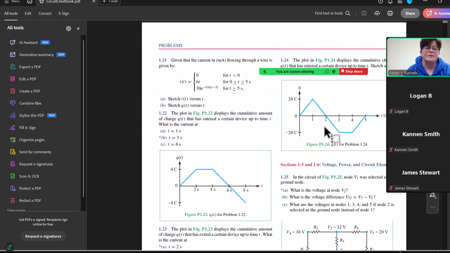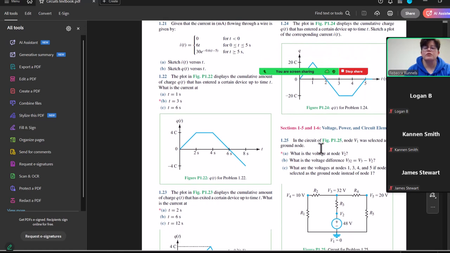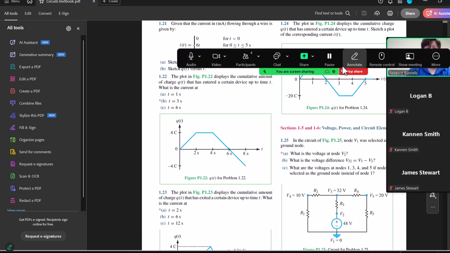All right, let's take a look at all of these. The plot in figure 1.22 displays the cumulative amount of charge Q of t. Let me just grab these so I can write on them.